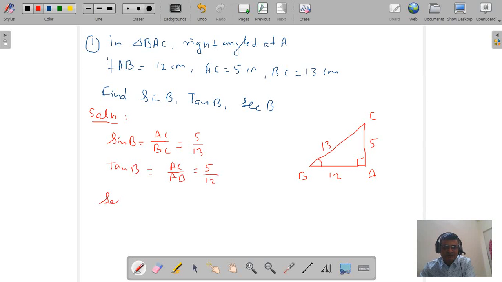Similarly, sec B is hypotenuse upon base. So BC is going to be 13 and AB is 12. So you can see, when you remember the trigonometric ratio formulas, Pandit Badri Prasad Har Har Bole, it is very easy for you to find the value of all the trigonometric ratios. Now we are moving to the next question.